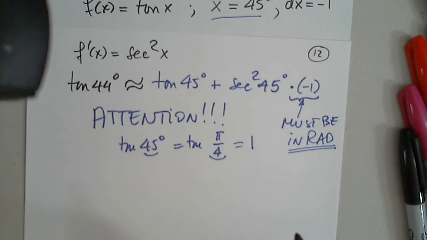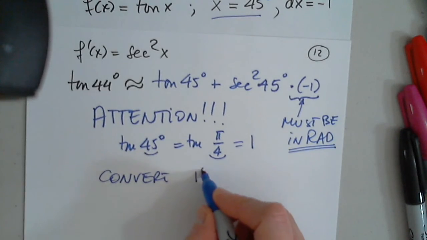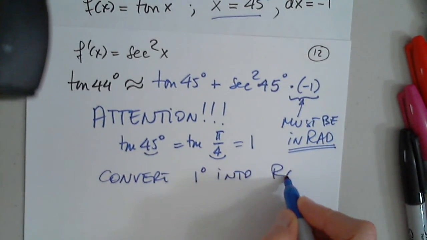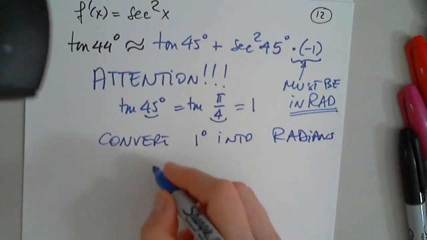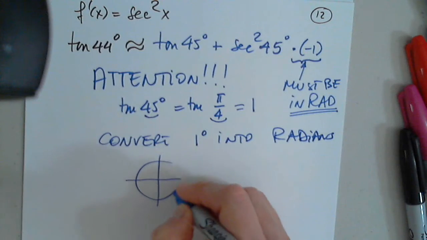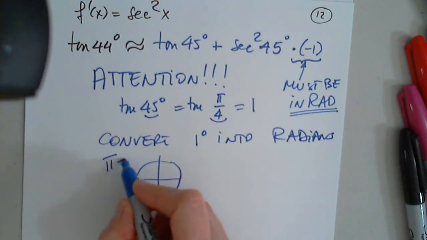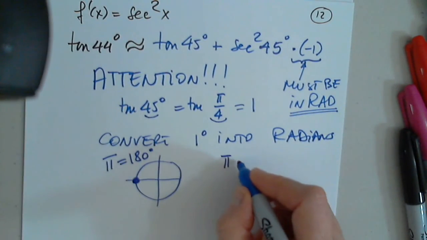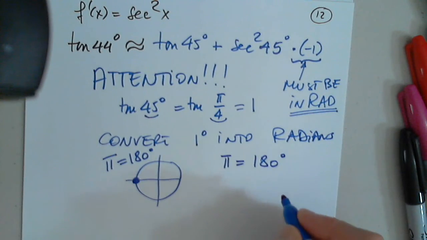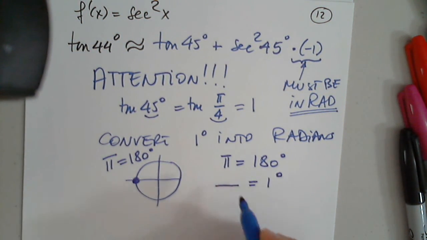So now I have to convert 1 degree into radians. Very easy to remember. On the unit circle, this point here is pi or 180 degrees. So the relationship is pi equals 180 degrees. If I want 1 degree, I will divide both sides by 180.